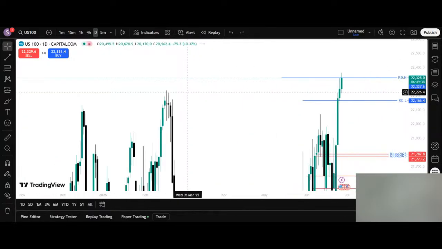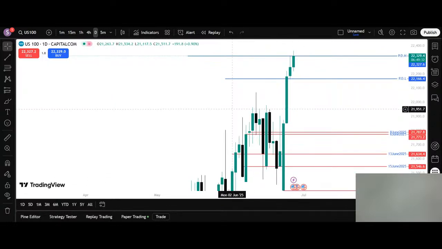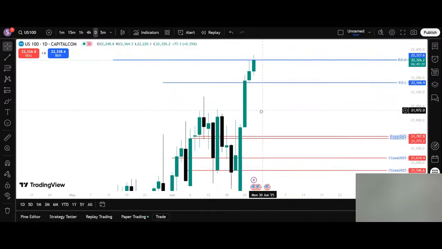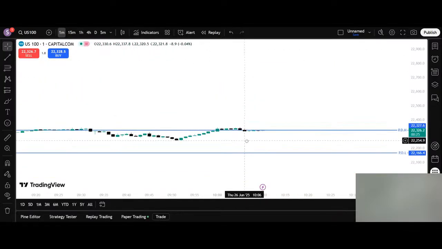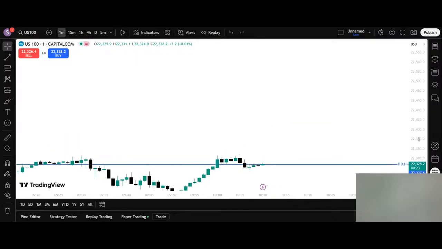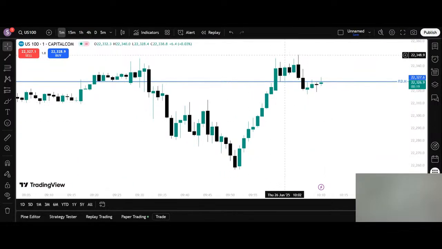It should be at least retracing down into it a little. Let's see. Price is kind of at its all-time highs.